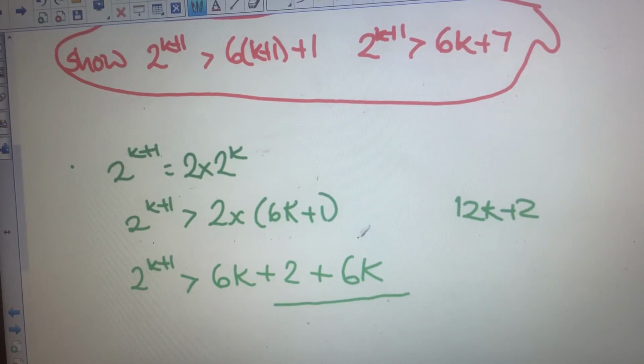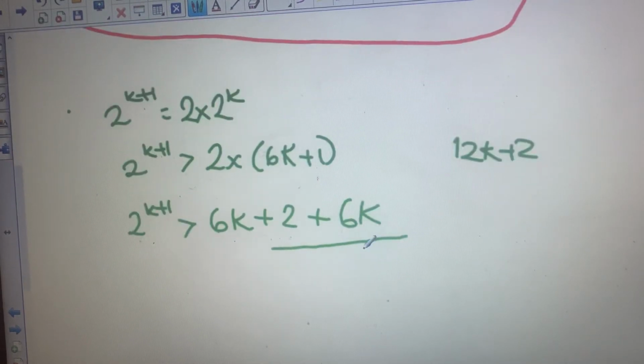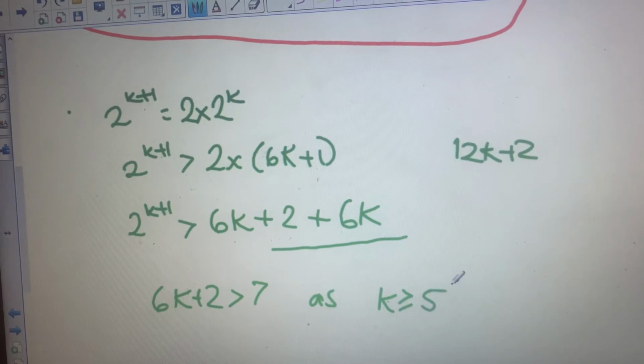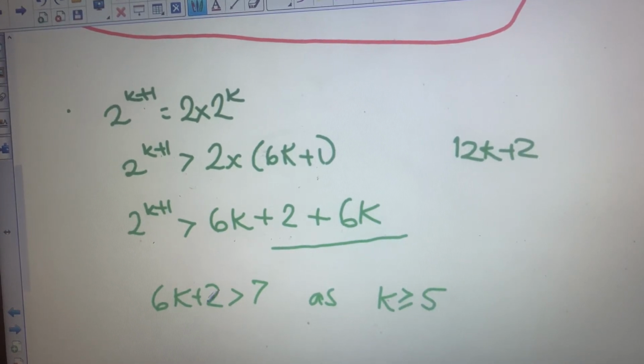So what we now need to do is show that 6k plus 2 is greater than 7. Because k is greater than or equal to 5, 6k plus 2 is very definitely greater than 7. In fact, it's going to be greater than or equal to 32.